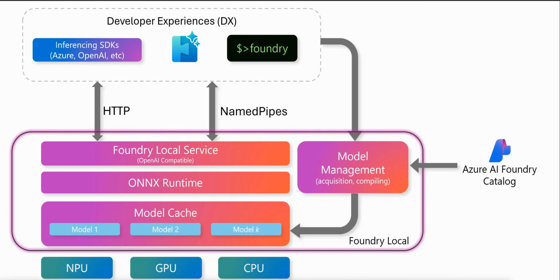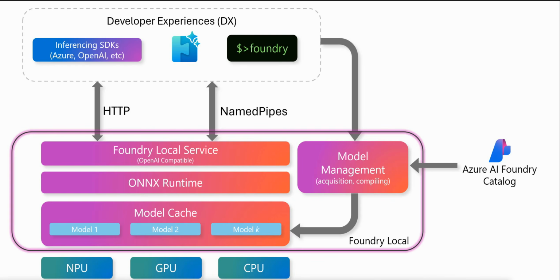The third component here is model management. As its name suggests, it manages the models through the model cache and the CLI. The cache component here, you can see, has multiple models, 1, 2, and K, which means that you can download multiple models, keep them in the cache, and use them whenever you want for inference.